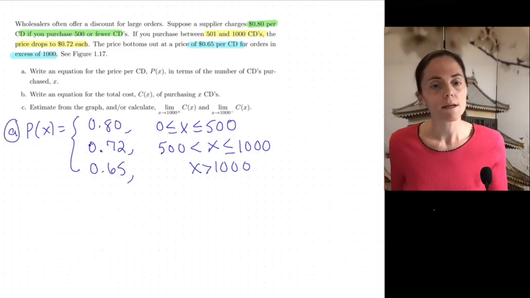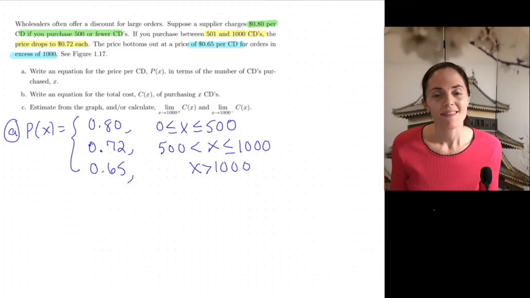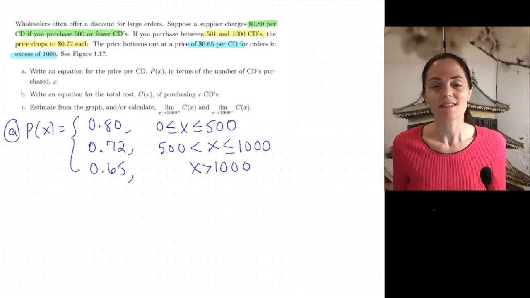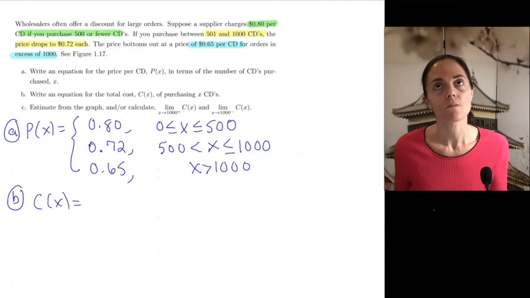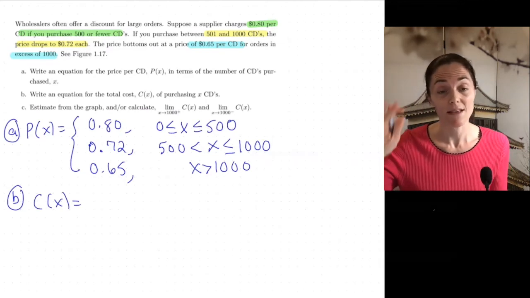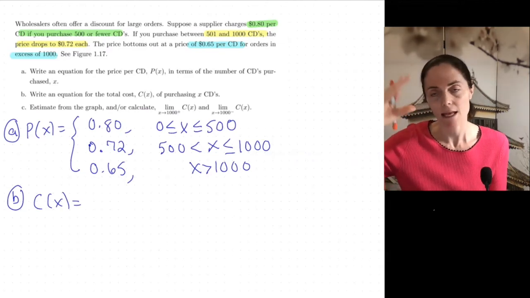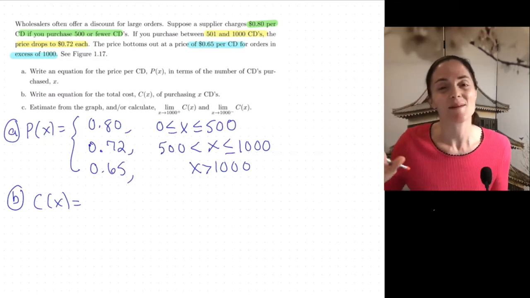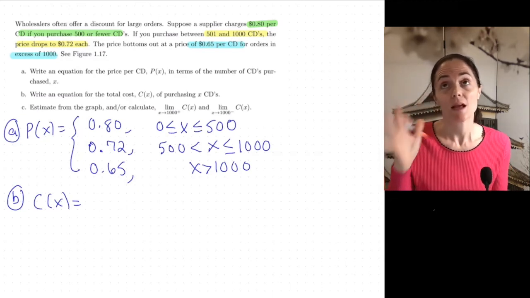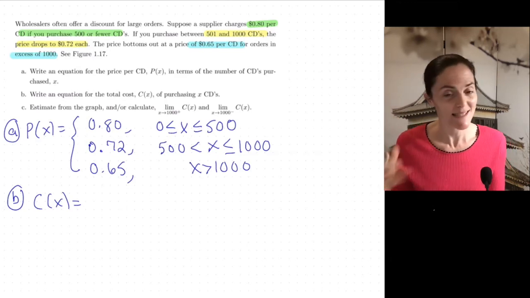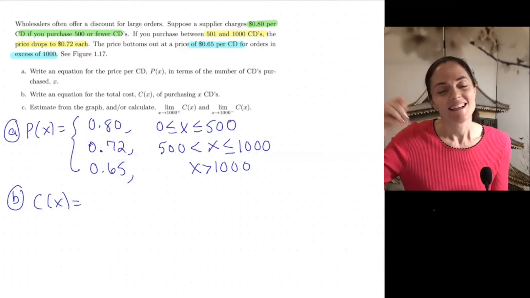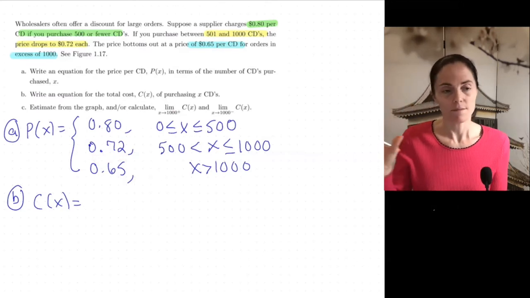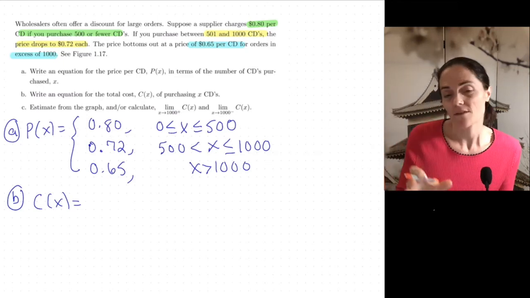Now, what we want is cost, and then we can calculate a limit from the left and a limit from the right at 1,000. Okay, well, let's think about cost. All we do to get the cost, if each one costs, say, 80 cents, and we buy x of them, the total cost is 0.8 times x. And similarly, if we were in this part, if each one costs 72 cents and we buy x of them, we pay 0.72 times x.